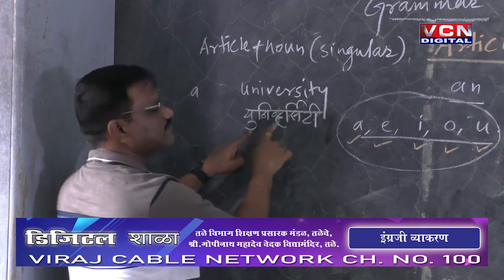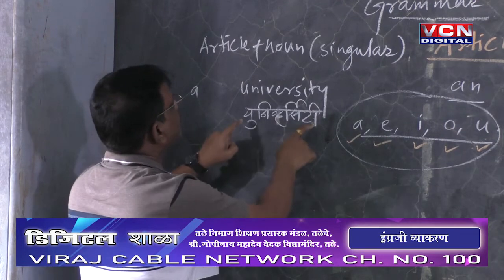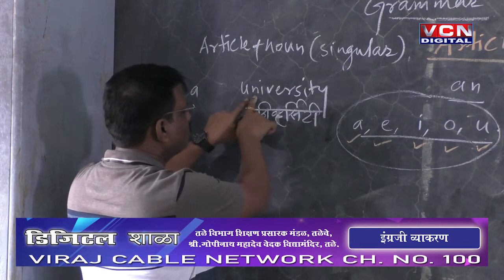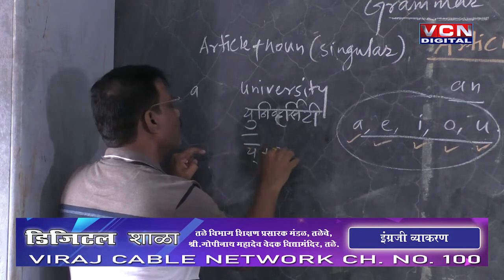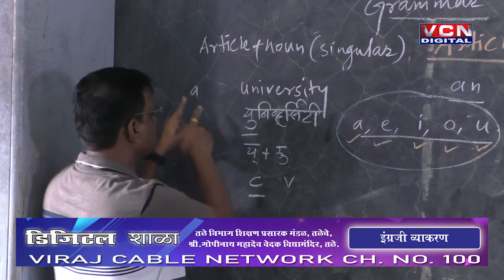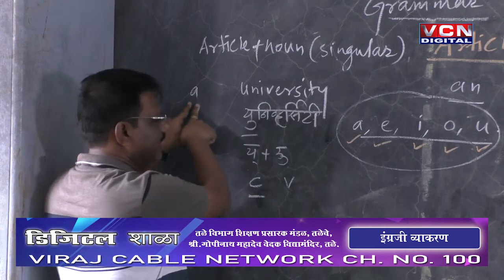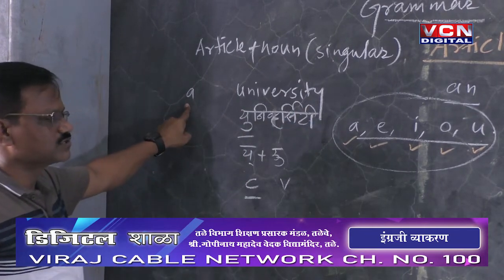This is the pronunciation in Marathi, that is, to make it easy to understand we pronounce it this way: U, y, u. This is a consonant, then a vowel, so it begins with a consonant. A word beginning with a consonant will take a and not an. That's why this confusion will also be cleared.